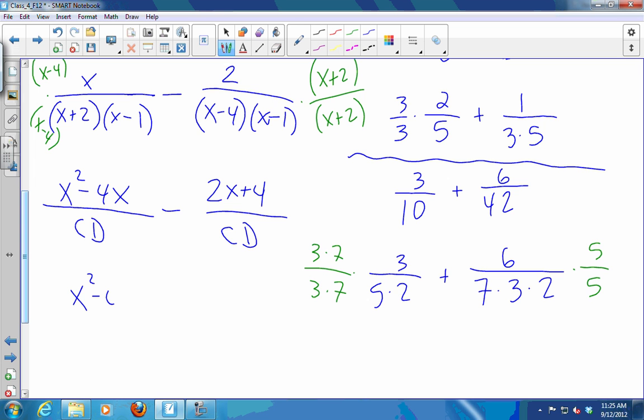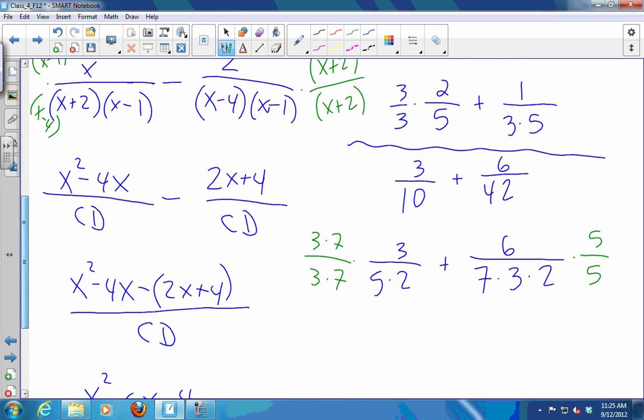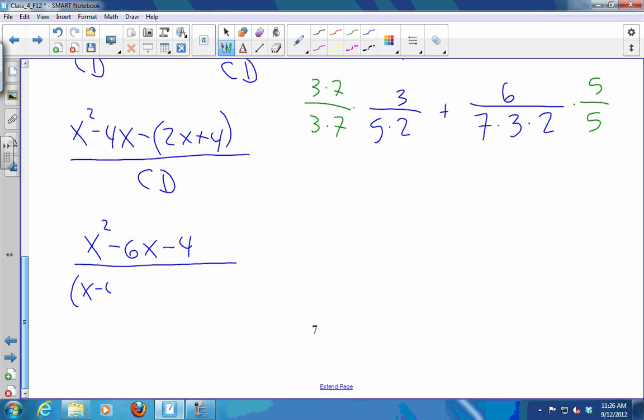So this is x squared minus 4x minus 2x plus 4, right? That's the rule when you have fractions. Just subtract the tops. Keep the denominator the same. So I distribute the negative, combine like terms, and I have x squared minus 6x minus 4 over the common denominator, which was x minus 4, x plus 2, x minus 1.